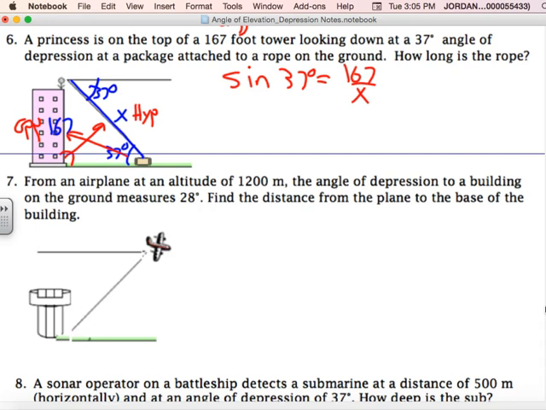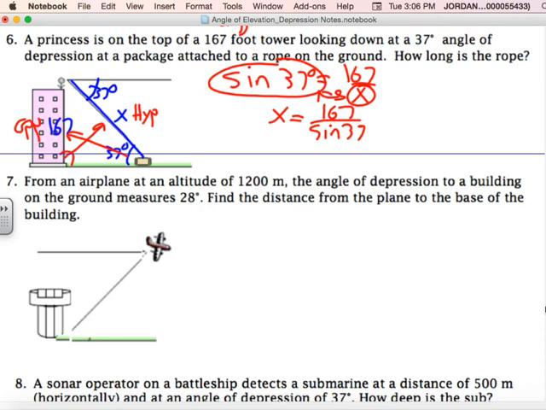Remember, we're just going to swap it with sine of 37. So do 167 divided by sine of 37 on the calculator. Now, not inverse sine, okay, this is just regular sine. We only use inverse sine if we're canceling sine. We don't have to cancel sine right here. So we're going to do 167 divided by the sine of 37.